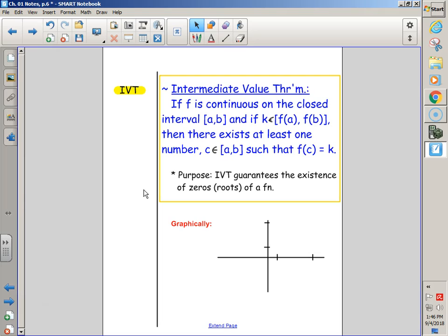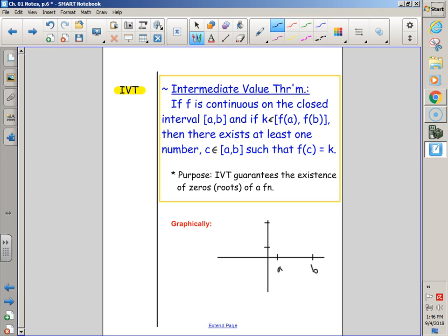What does that mean? What's going on? If I was to label down here, A and then B. A is always the one on the left, B is always the one on the right. What's f of A and f of B? What does f of always point to? What kind of values? Y values.